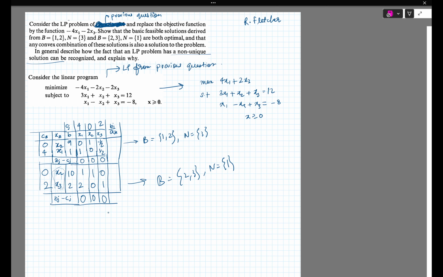If Zj minus Cj is 0 for a non-basic variable, then non-unique.